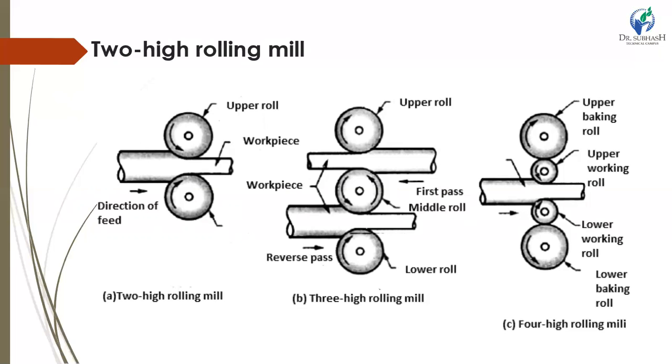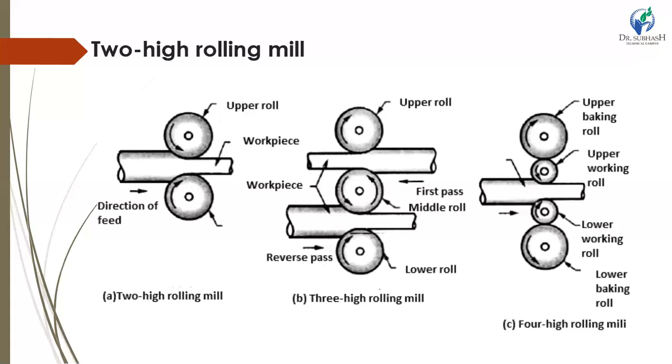Both rolls rotate in opposite directions. Please refer to figure A. In this type, the direction of rotation is fixed and cannot be reversed.